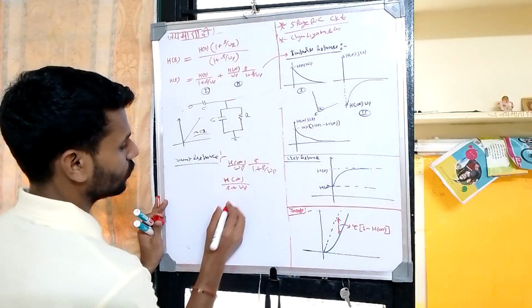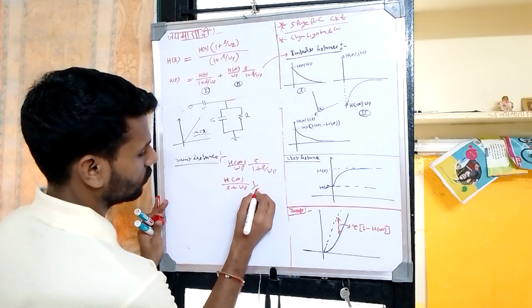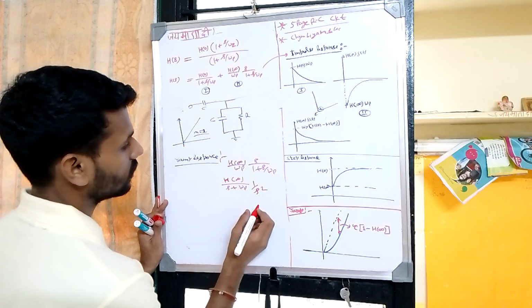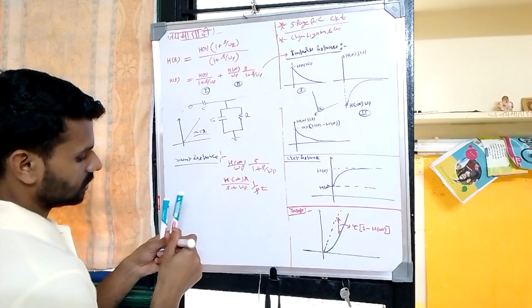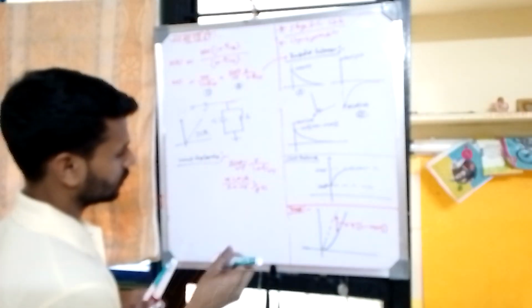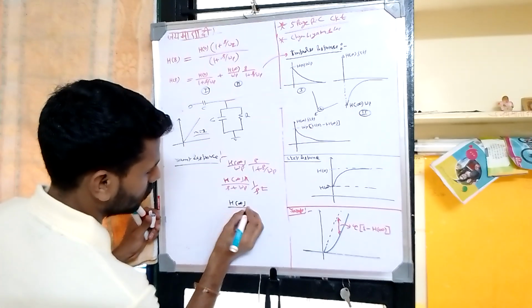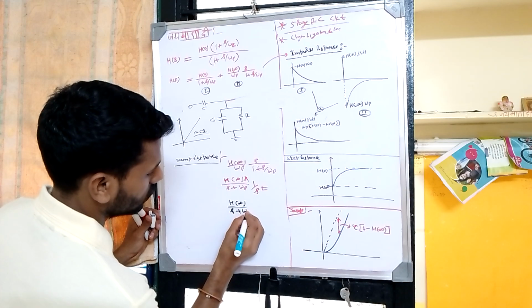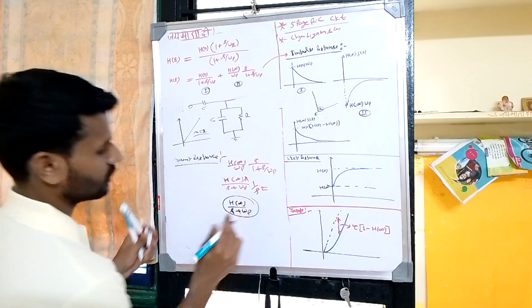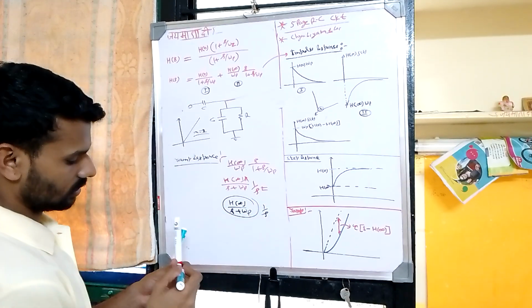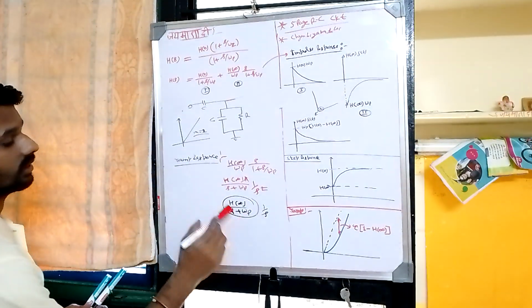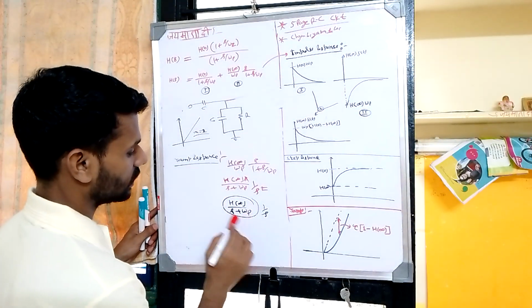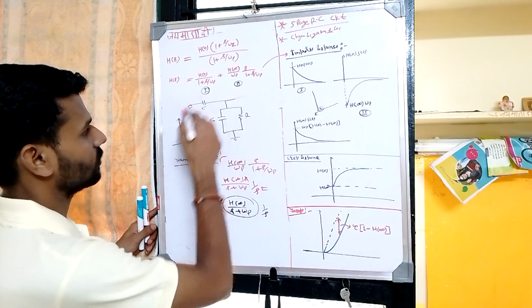If you want a ramp response, you multiply this term by 1 by s squared, so the s's will cancel. Then you just plot the step response for this transfer function, and it will become the ramp response for the circuit.